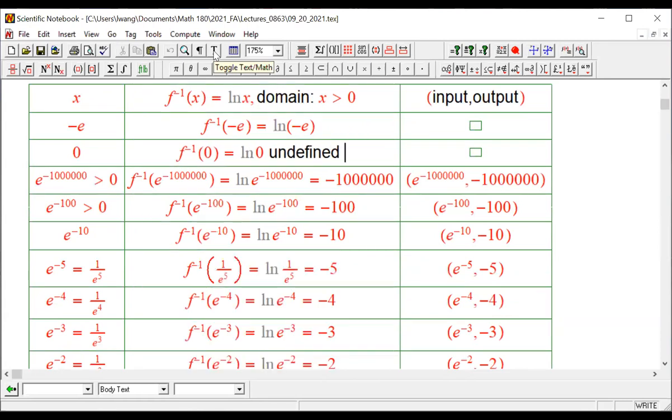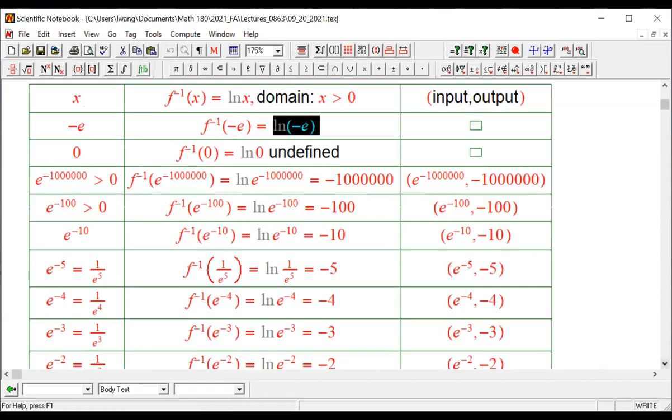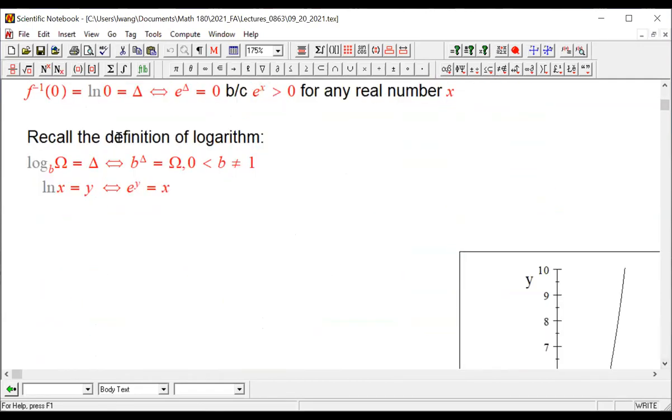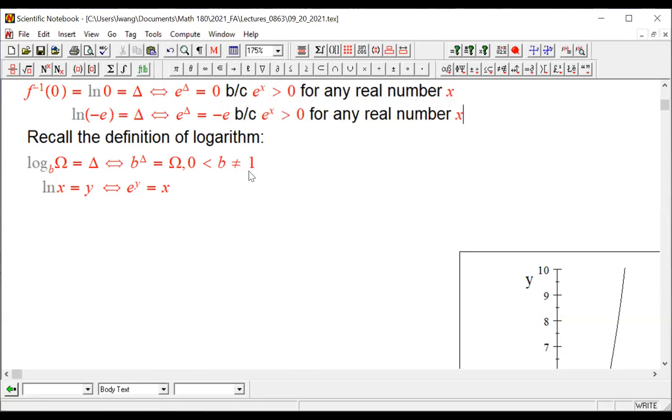So 0 cannot be in the domain, right? Can a negative number be in the domain? This would have to be negative e, and for the same reason, there's no output. Do you guys see that?